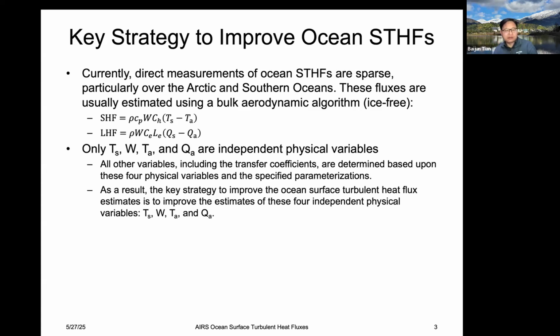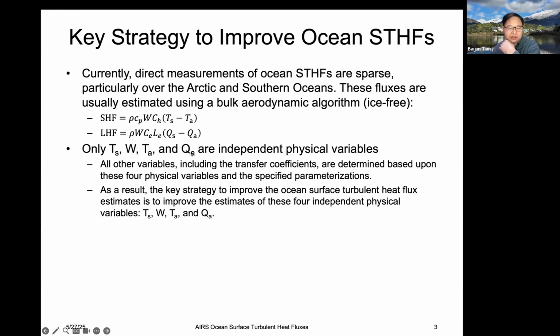In these two formulas, only four variables are independent: Ts, sea surface temperature; W, the near-surface wind speed; Ta, the near-surface air temperature; and Qa, the near-surface humidity.